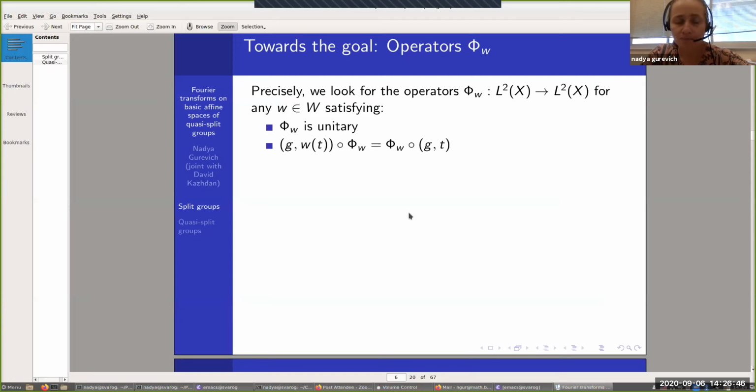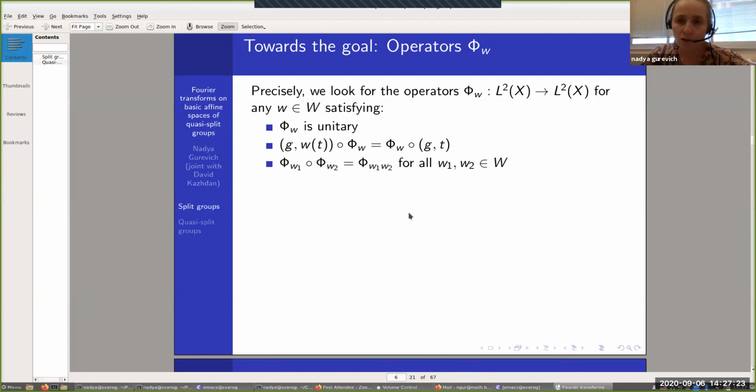Second, those operators must commute with the action of G and anti-commute with the action of the torus. I remind you that the actions of G and the torus are very explicit. And third, they must indeed define an action of the Weyl group, meaning that the composition of F_W1 with F_W2 must be exactly F of W1 W2, where the product is taken inside the Weyl group. Okay, so that's what we look for.